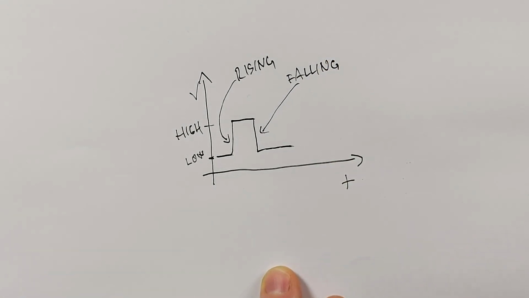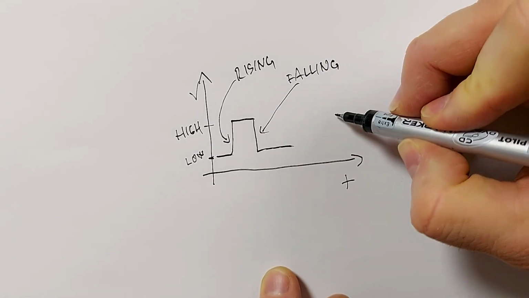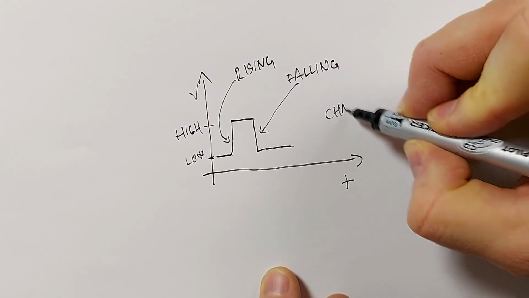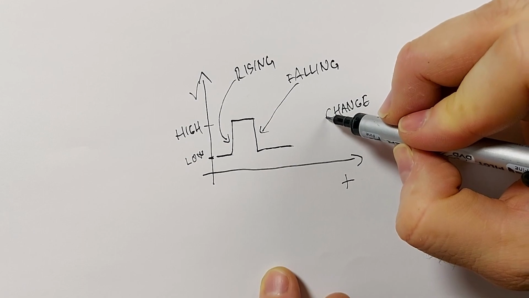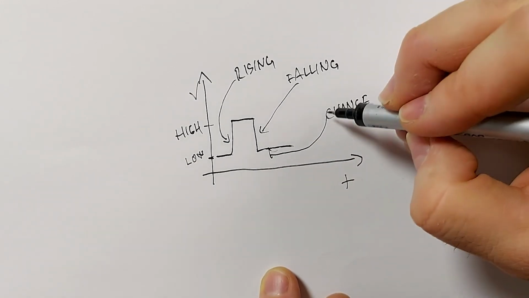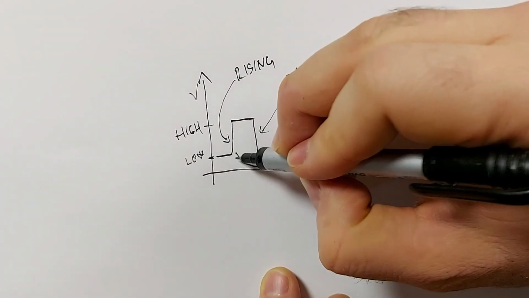And change is any of these two. It can be either this or this, because change means any signal change, from high to low or from low to high.